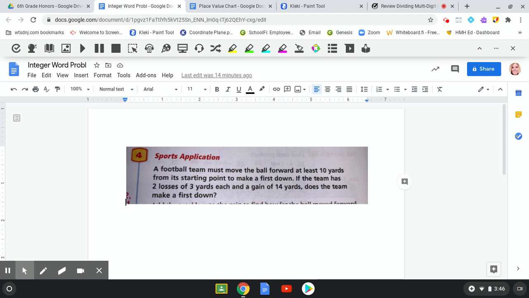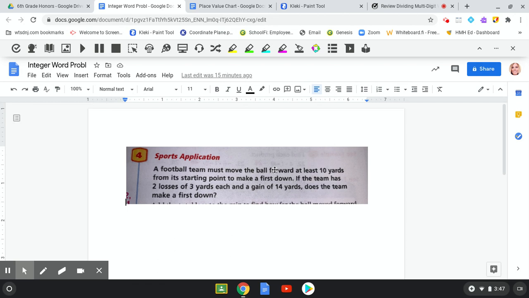So one thing you guys have to remember, in word problems, they give you additional information to possibly throw you off. And a common mistake students make is they see numbers in a problem and they think they automatically have to use them. So this 10 yards, yes, we need to know that information to answer the final question, but we are not using this 10 to actually solve the problem that's being asked.